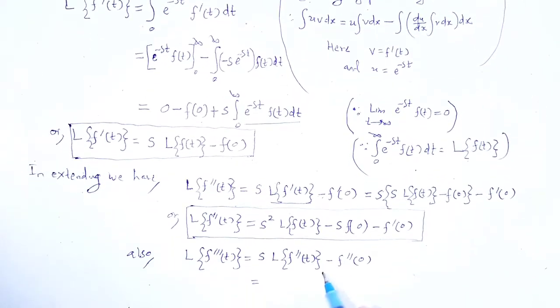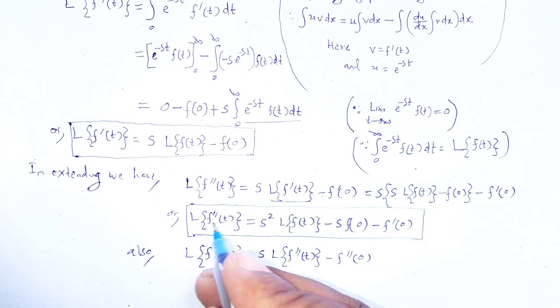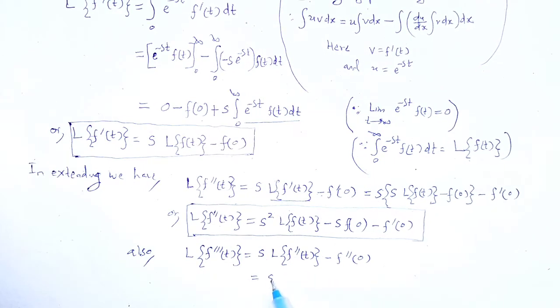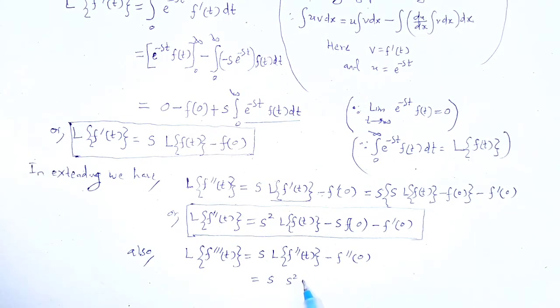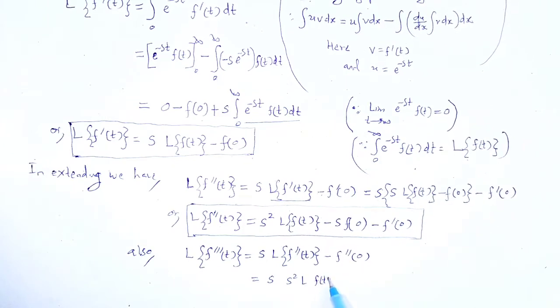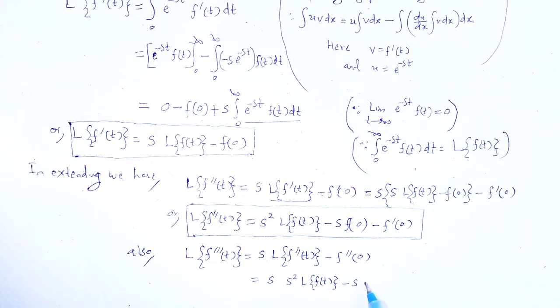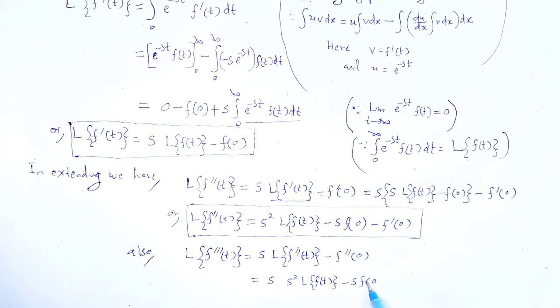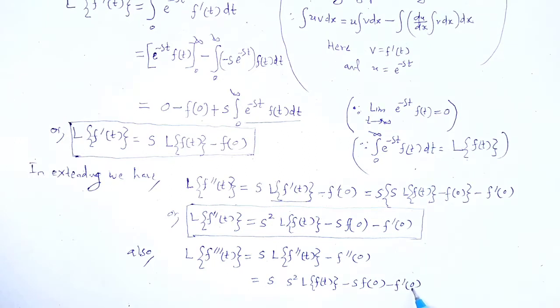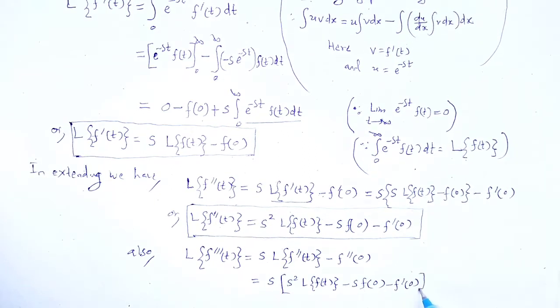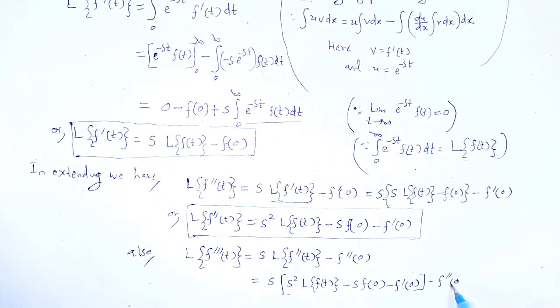So, put the values of Laplace transform of f double dash t as s into s square Laplace transform of f of t minus s f at 0 minus f dash at 0, minus f double dash 0.